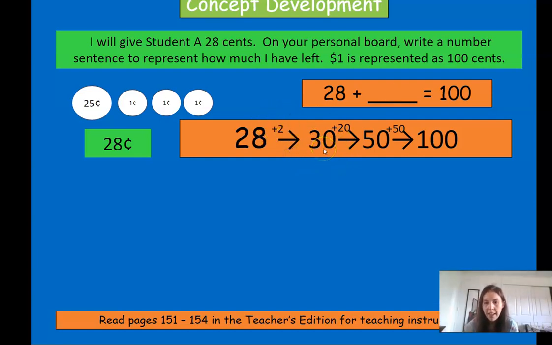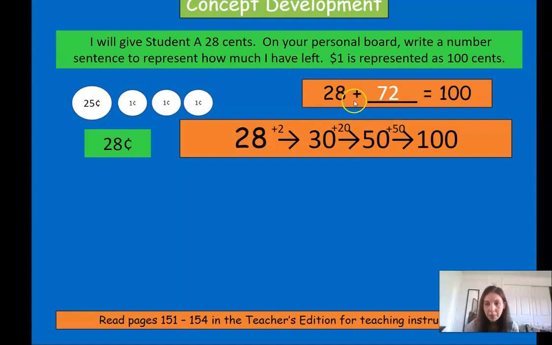And then once we get to 30, then we can do plus 20 cents to get to 50, and then plus 50 cents to get to 100. Then we have to add up how much we counted up. We did 50 plus 20 equals 70, and then 2 more equals 72.